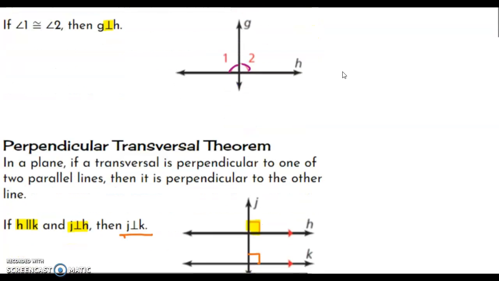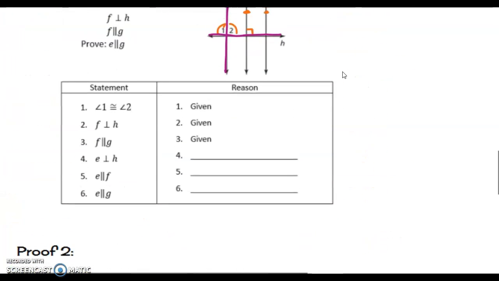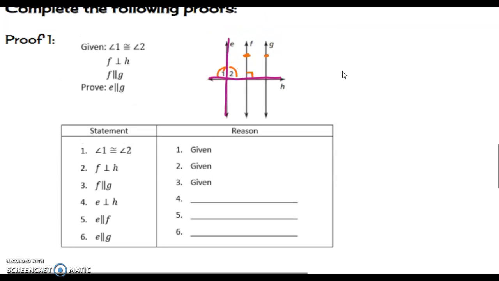So that's going to be our reason on that one. So why is E perpendicular to H is because of the linear pair perpendicular theorem. Okay, so now we can draw in a right angle here because now we know that E is perpendicular to H. We just stated that on line 4.